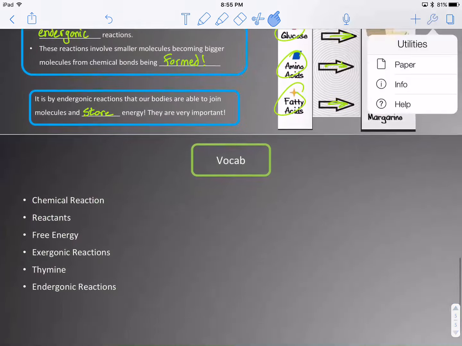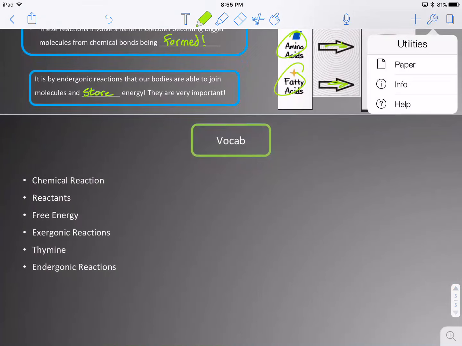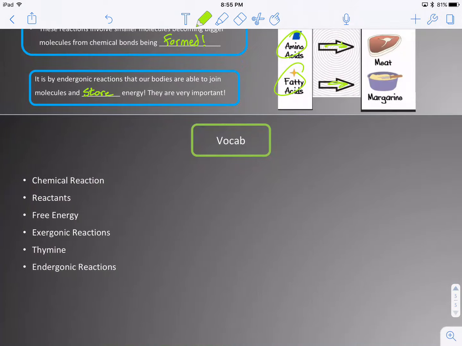Some simple ways to remember these. I like to think of exergonic. Think of this as an X. And so if we had a double bond between two carbons, imagine in an exergonic reaction, you put a big X right there.